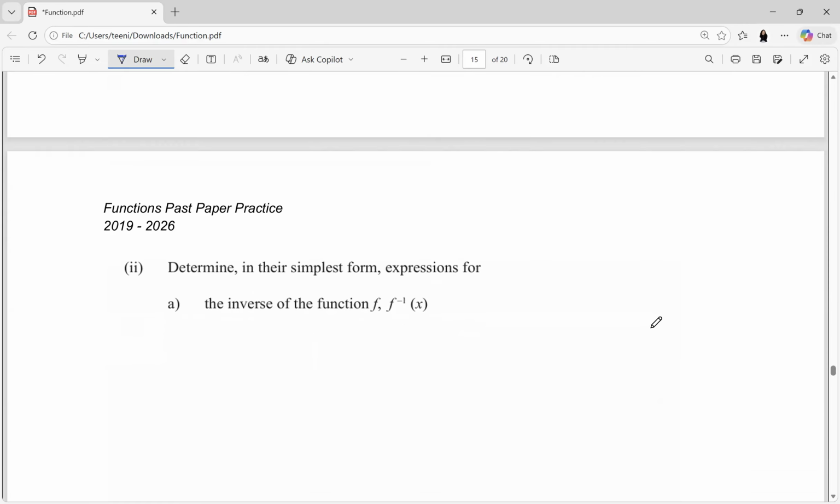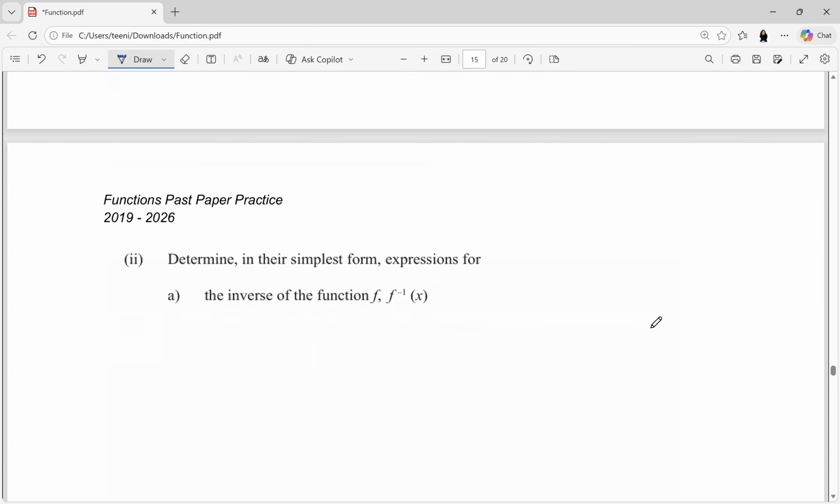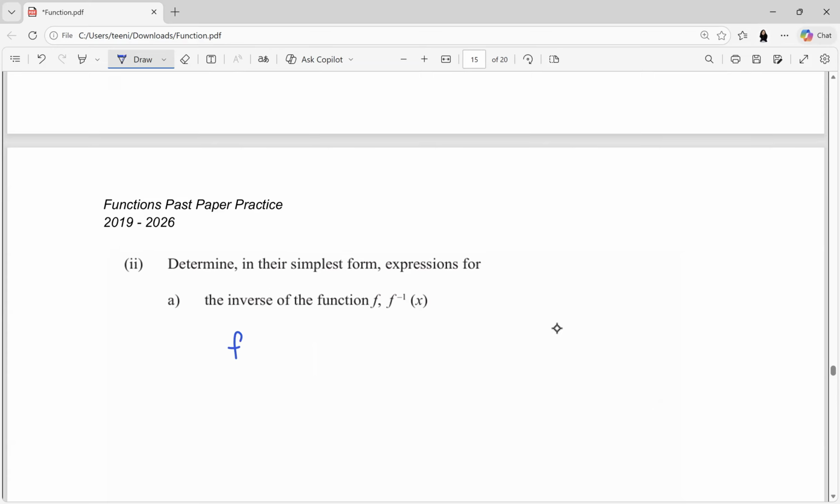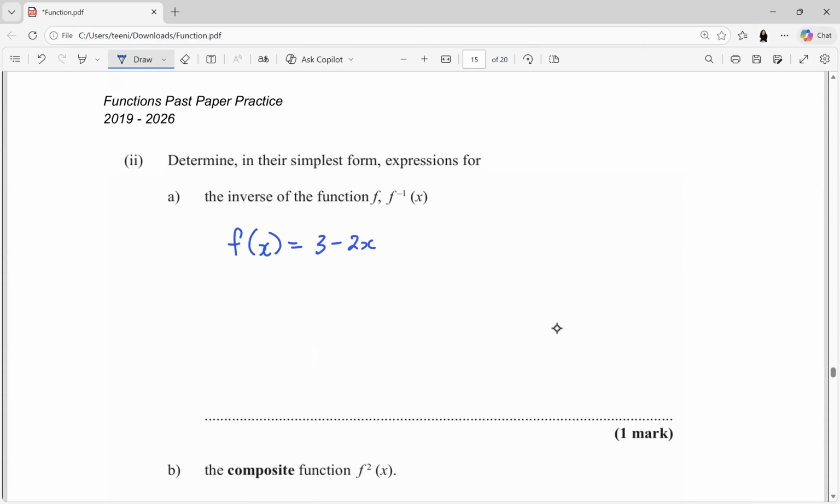All right. Determine in their simplest form expressions for the inverse of the function f, that is f inverse x. So f of x is equal to 3 minus 2x, right? Remember the steps. The first thing is we let f of x equal y.